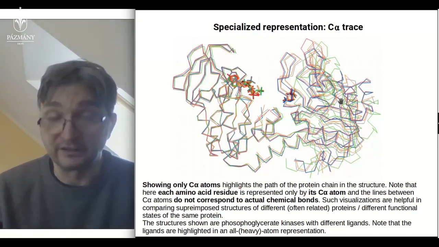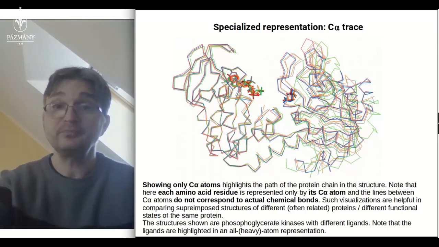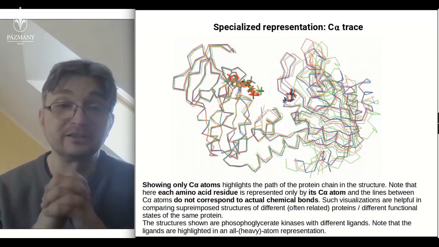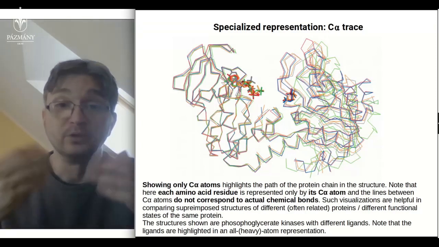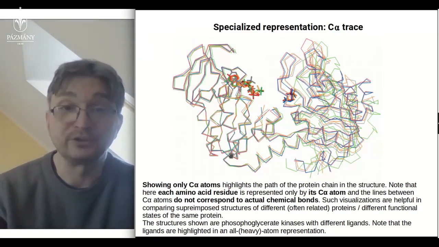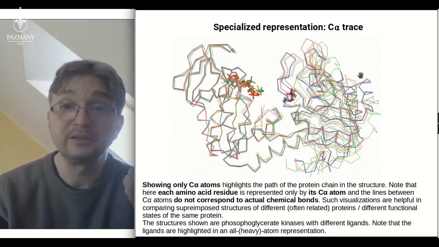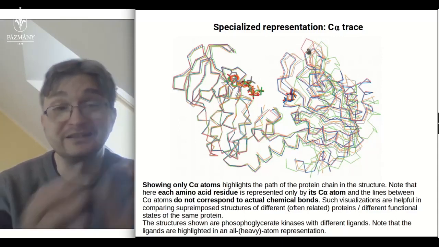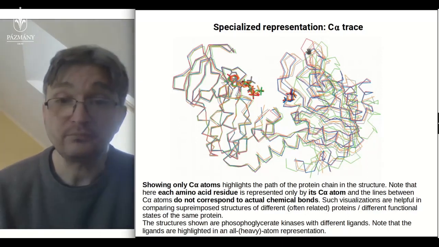So the purpose of this representation is to show the extent of diversity of the structures. The C-alpha trace representation was chosen as a suitable way to show that if you superimpose one half of the structure, then the other half differs a bit, and here you can highlight and understand the extent of differences, which is not very large in this structure.